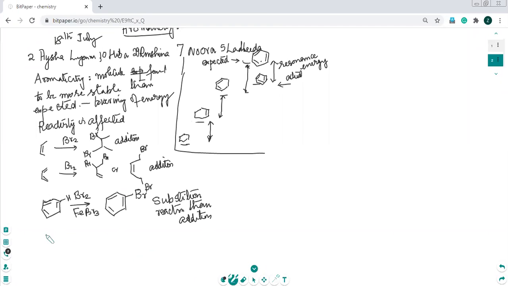Now, what is aromaticity? Aromatic character. There are 4 conditions for a compound to be aromatic.